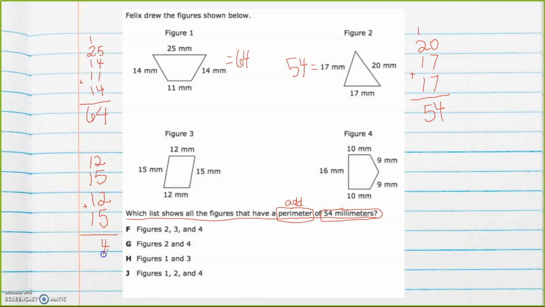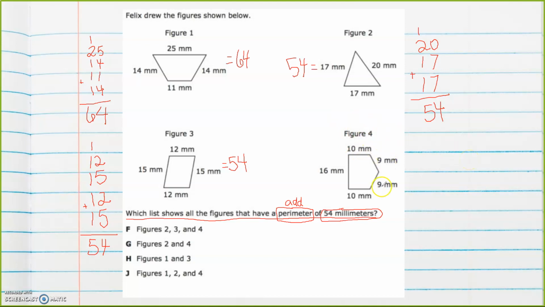I put my 4, carry my 1, 1, 2, 3, 4, 5. 54. So figure 3 equals 54.